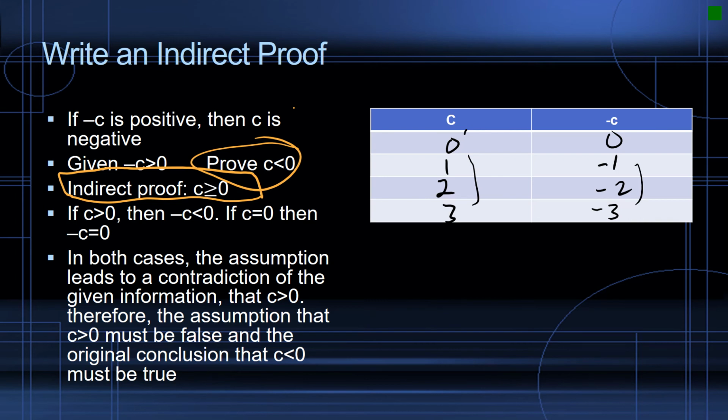That's in contradiction to if negative c is positive, then c must be negative. Here we see nothing but positive c's, but negative c is not giving us positive numbers. And the original conclusion that c is less than 0 must in fact be true. All right, writing an indirect proof. Don't you love proofs? Don't answer that question.